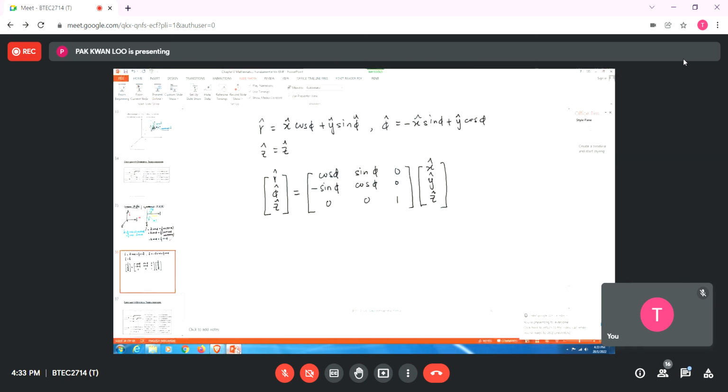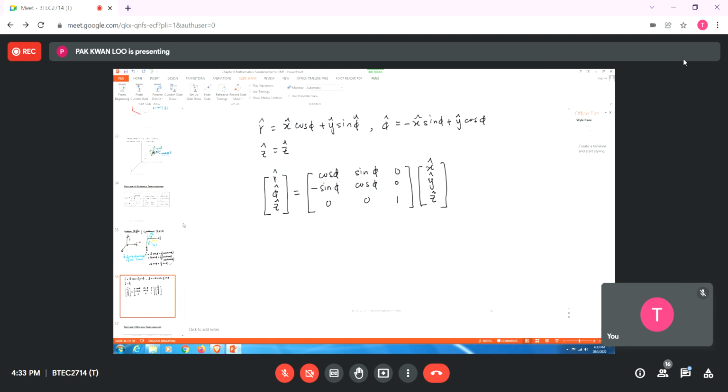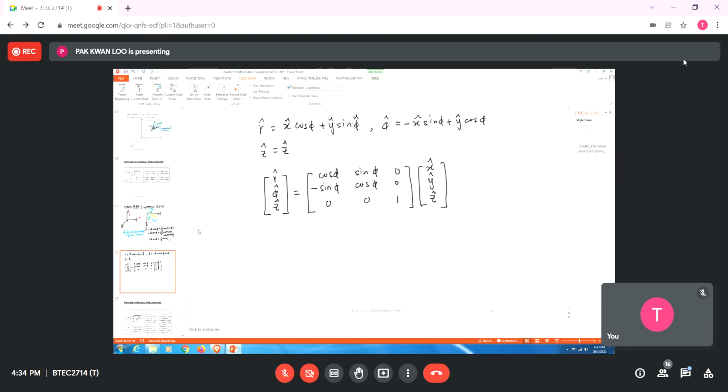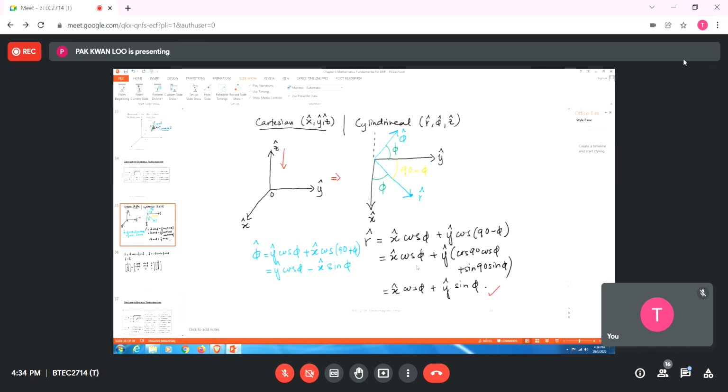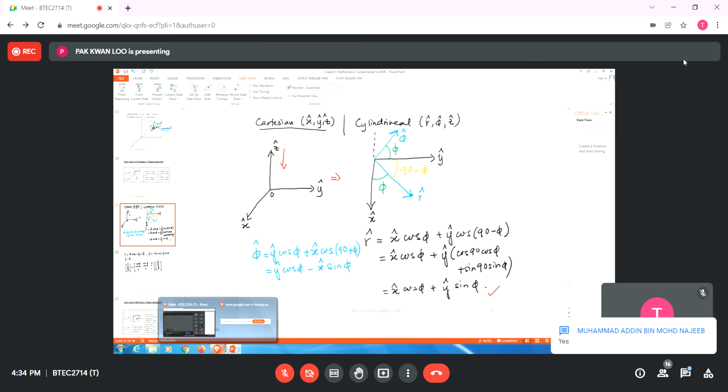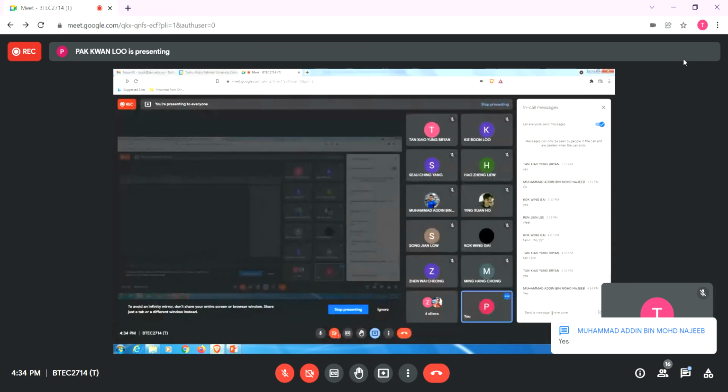Please let me know if at any point you do not understand where I've explained. Do you understand the formulas that I'm trying to show you? How is it obtained? Do you understand this part here, from Cartesian to cylindrical?